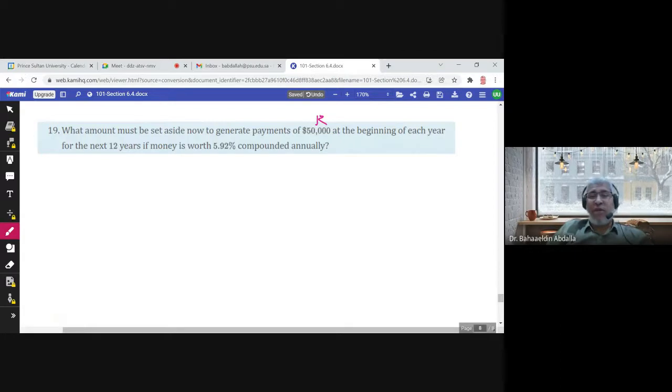What amount must be set aside now to generate payments? So these are the payments, and the amount we need to set aside now is A_n, at the beginning of each year for the next 12 years. So n is 12 and i is 0.0592 because compounded annually.